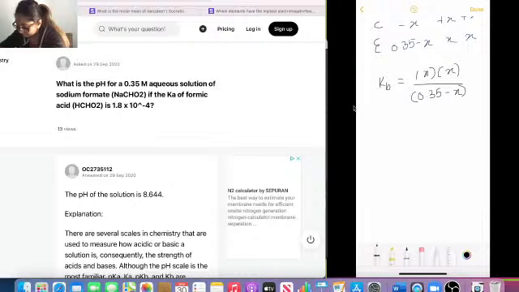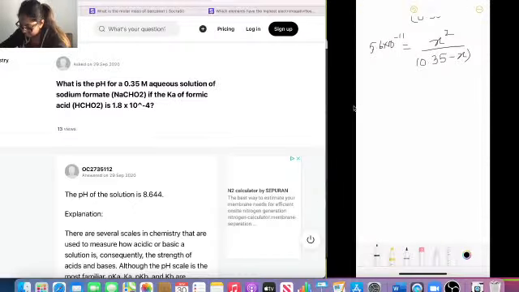Okay, and so we have x squared over 0.35 minus x, and your Kb, which was basically 5.6 times 10 to the power negative 11. Now we can solve for x, right?